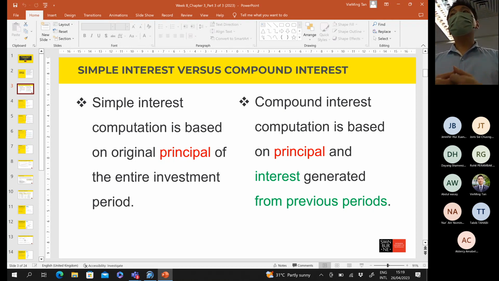Similarly, the year 3 interest calculation is based on the interest earned in year 1 and year 2 plus the principal in year 0. So in short, compound interest calculation is based on principal and also the interest generated from the previous period.